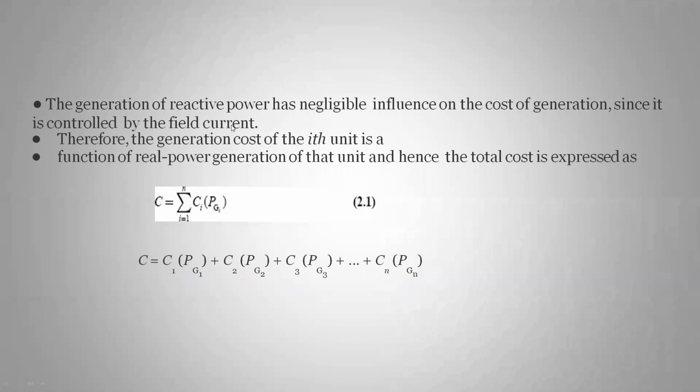Okay, so the total cost C is equal to sigma i equal to 1 to n of Ci PGi.